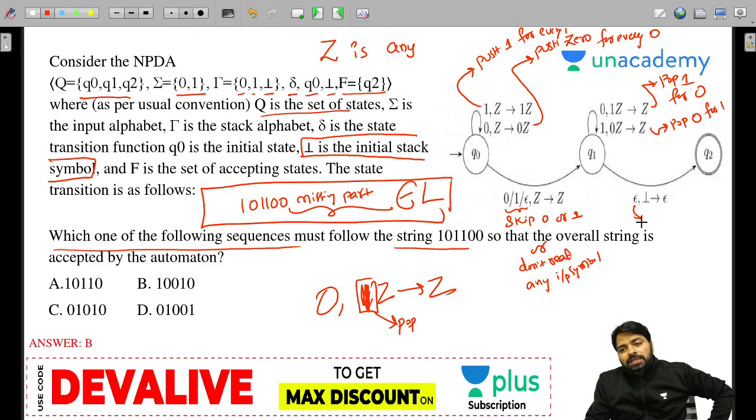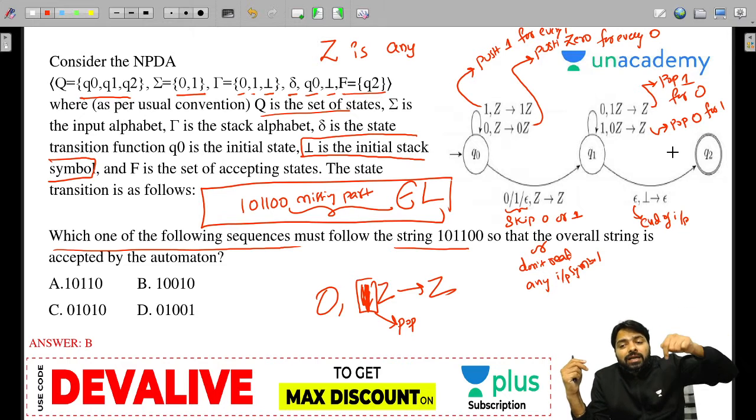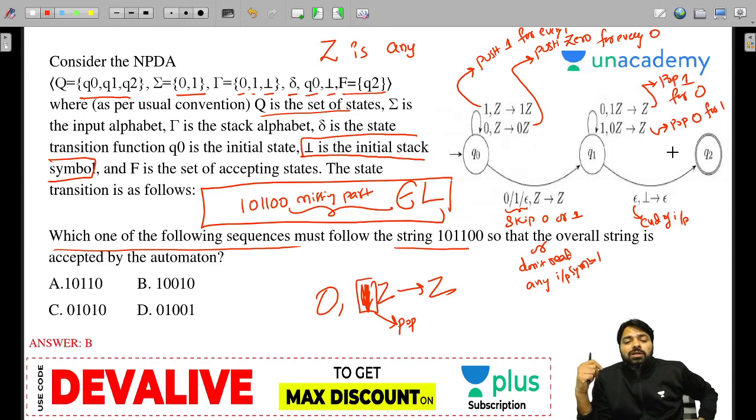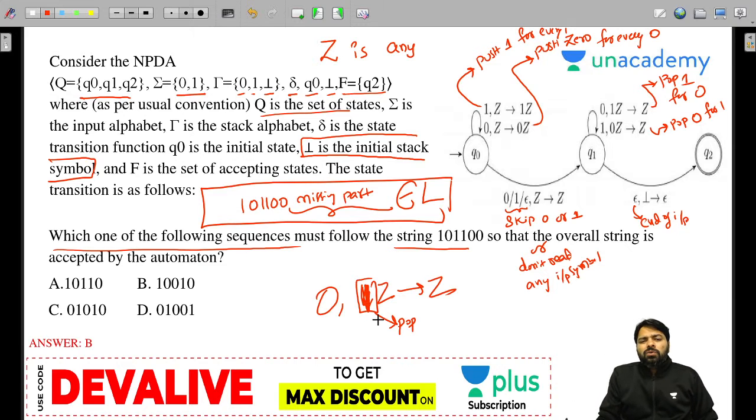This epsilon represents the end of the input. How do you know the end of input? From Q2 there is no transition, so this has to be the end; otherwise it is impossible to reach the final state. When the end of the input happens, the bottom symbol should come on the stack, meaning the stack should be empty indirectly. Okay, let's look at how to do that.